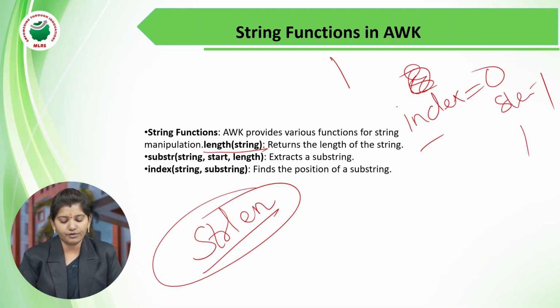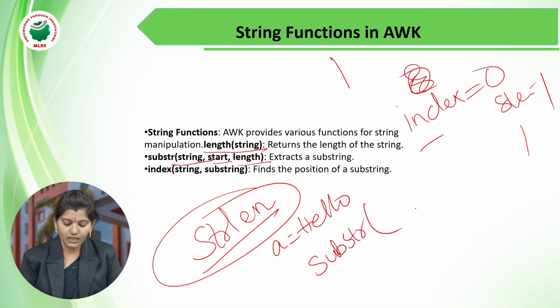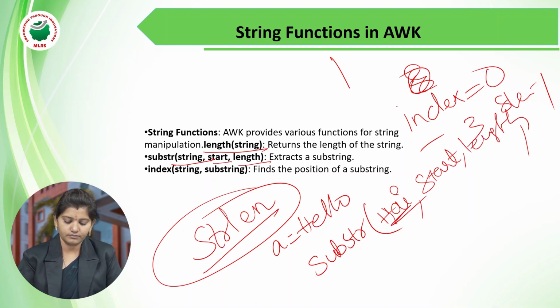And then coming to the substring of a string. Here substring has a syntax like string, start and length. For example, we are considering hello as a string, a = hello. How will we form the substring? We start from a given position, and we give the length of the substring, which is 3.